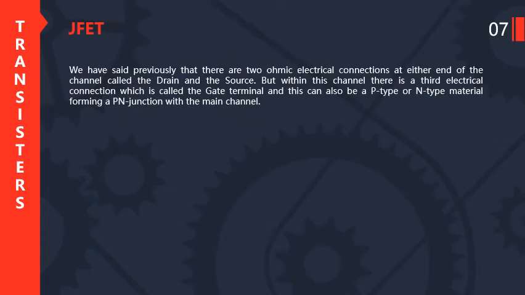We have said previously that there are two ohmic electric connections at either end of the channel called the drain and the source. But within this channel there is a third electrical connection which is called the gate terminal, and this can also be a P-type or N-type material forming a PN junction with the main channel.